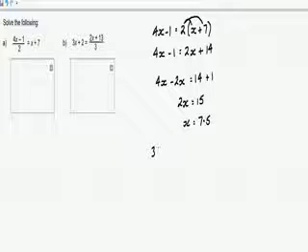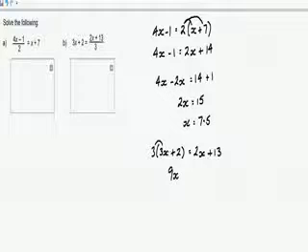So 3 times (3x plus 2), because it has to multiply everything, equals 2x plus 13. So now we get rid of the brackets. 3 times 3x is 9x, 3 times 2 is 6, and that still equals 2x plus 13.